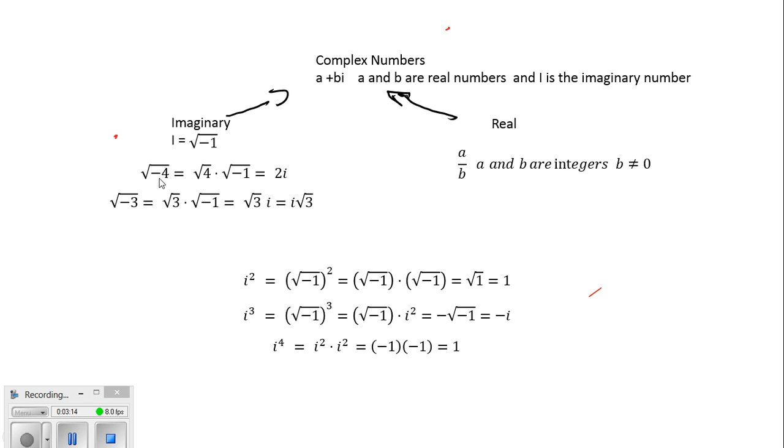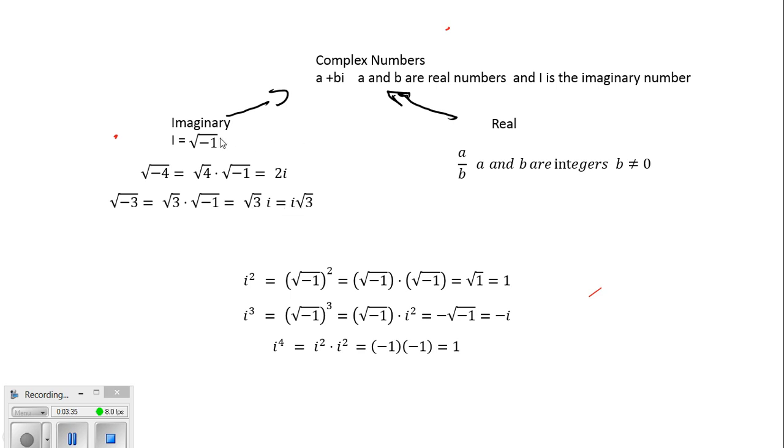The square root of -4 is undefined in real number systems, but in imaginary number systems, it is the square root of 4 times the square root of -1, which is 2i, okay? The square root of -3 becomes the square root of 3 times i, or i root 3, okay?